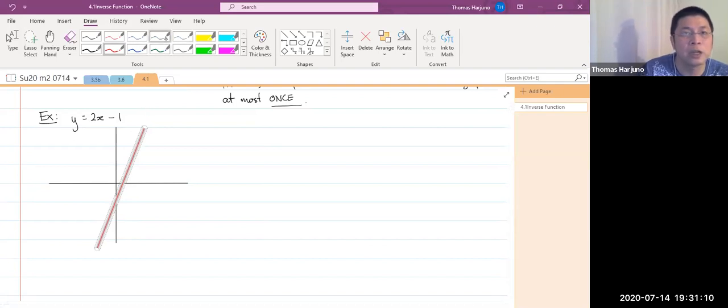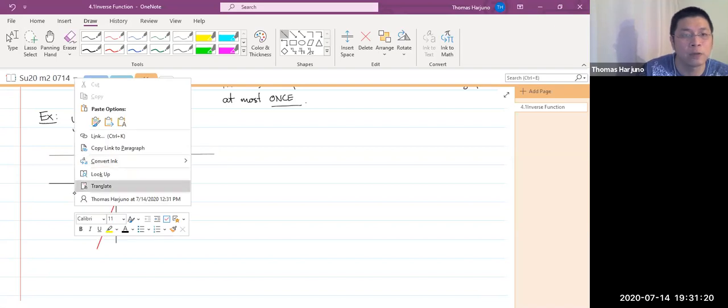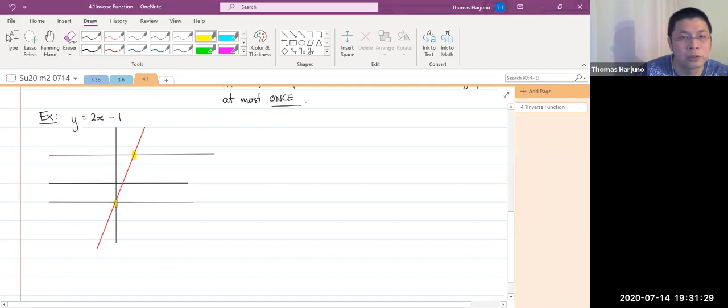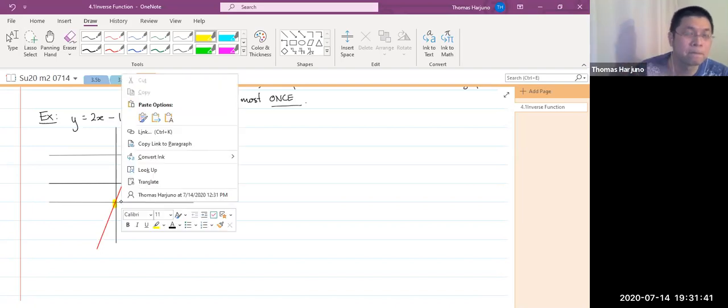Now notice that every time you draw a horizontal line, it will hit the graph at most once. If a graph has that property, that whatever horizontal line you draw will hit the graph at most once, then that graph is one-to-one.